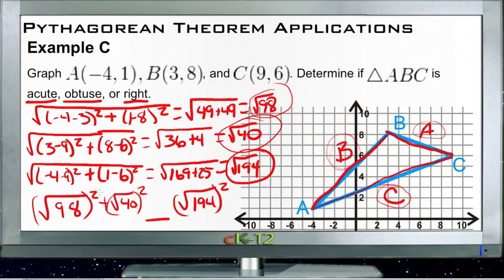Well, the square roots of all of these squared are just going to cancel out. So is 98 plus 40 greater than, less than, or equal to 194? Well, 98 plus 40 is 138. So obviously it's going to be less than 194. So this triangle right here is obtuse. And that's all we have.